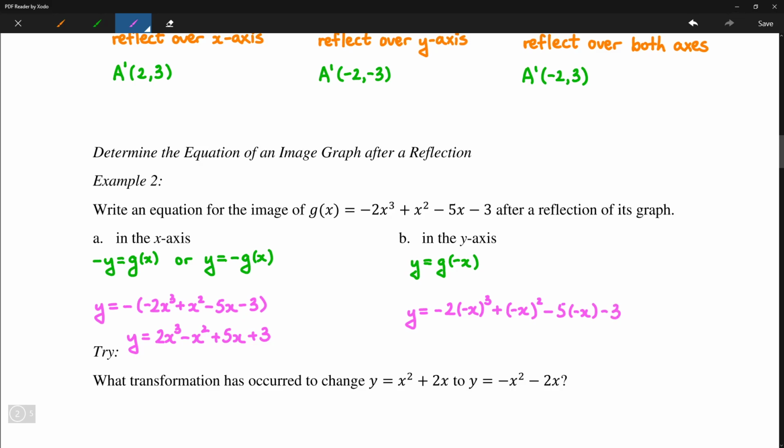And after some simplifying, of course, (-x) cubed will still be negative, and then multiplied by -2 will result in positive 2x cubed. (-x) squared is just going to be positive x squared. Notice here the -5 and the -x, the negative signs will eliminate each other, so we have plus 5x and then minus 3. So a little bit different, but the idea is very similar.